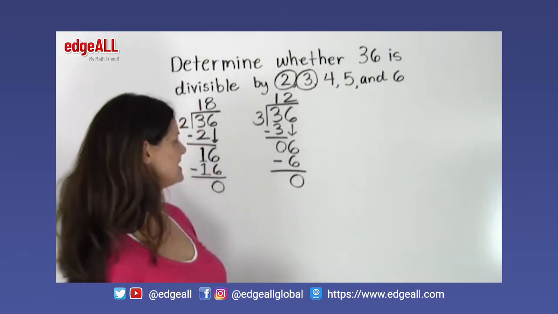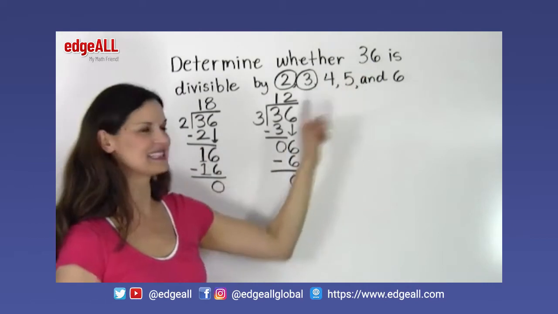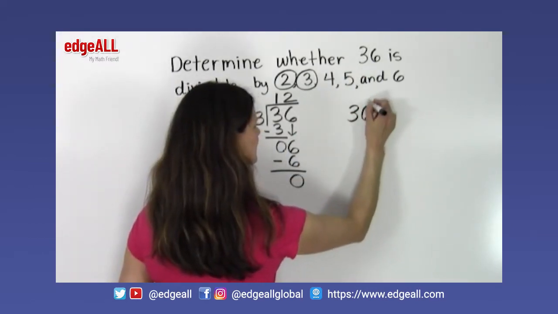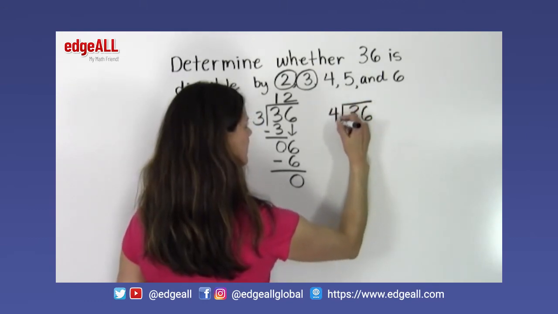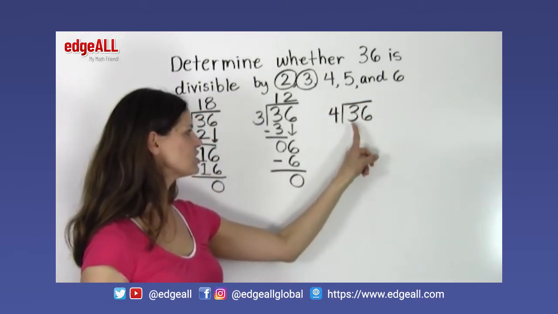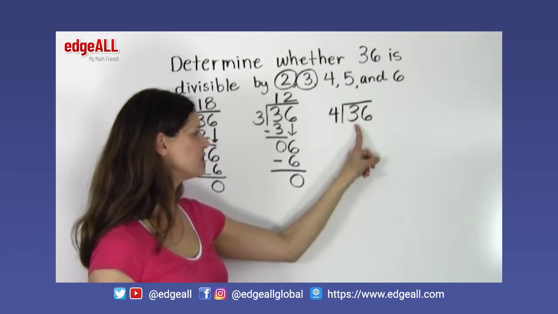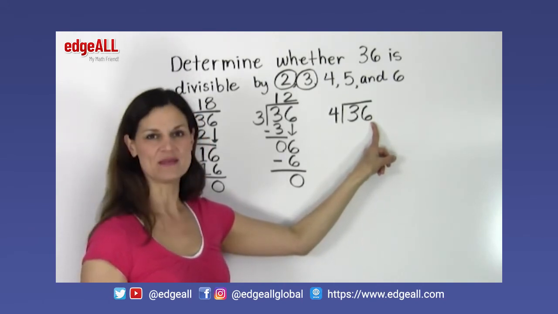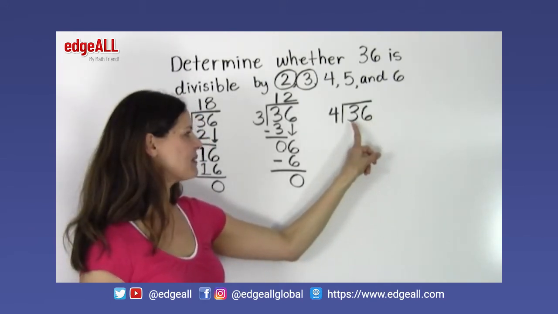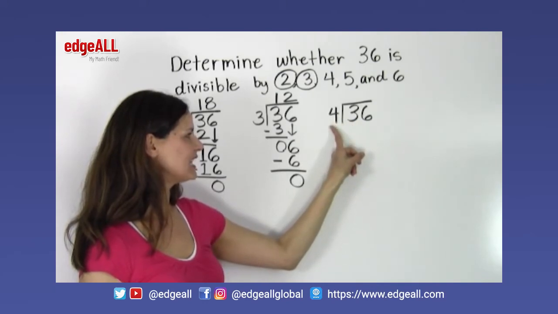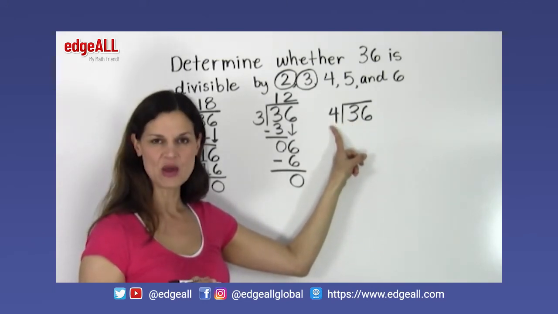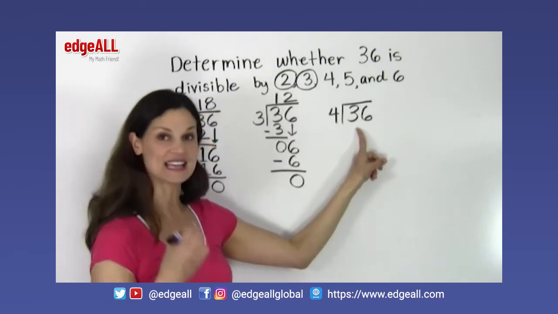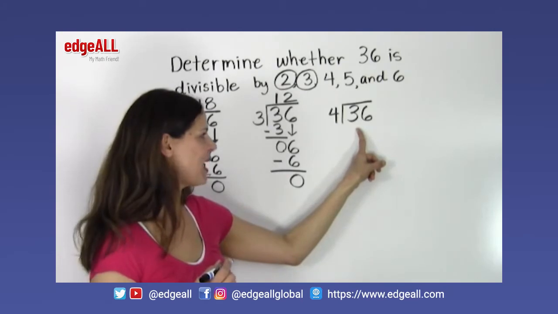Let's look at what happens when we divide 36 by 4. So I have 36 divided by 4. Now in this case, since 4 is larger than 3, I'm going to start by moving over to this next number and start my long division there. What's the largest whole number that I multiply by 4 to get as close to 36 as possible?